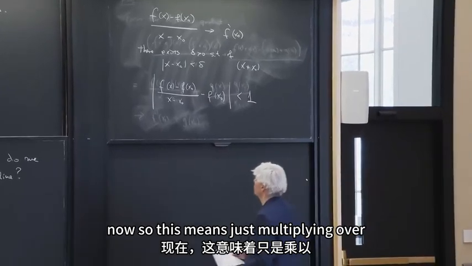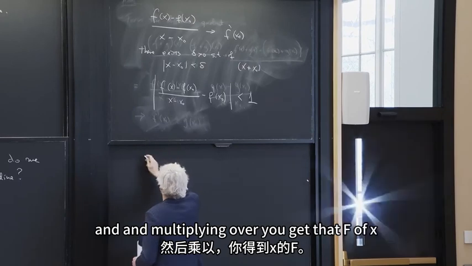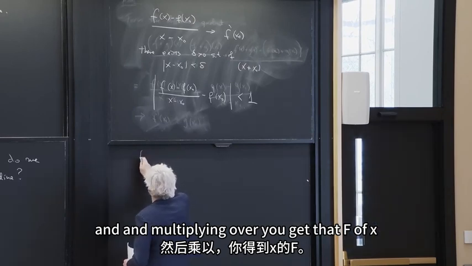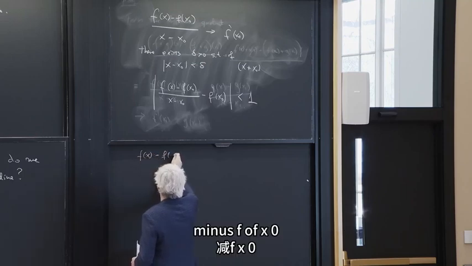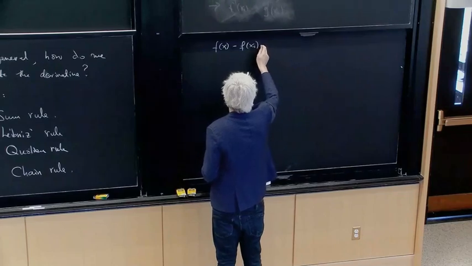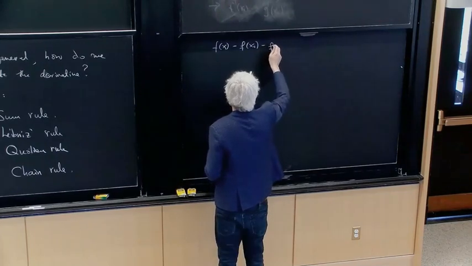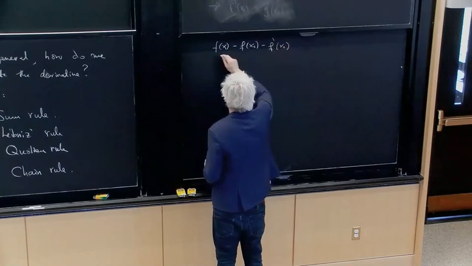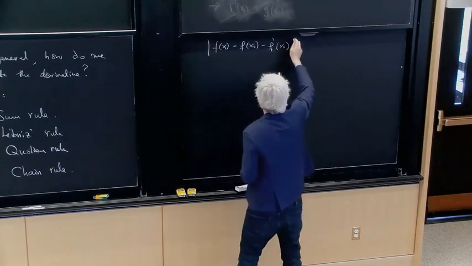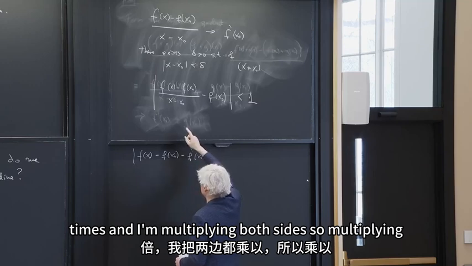Now, multiplying over, you get that f of x minus f of x0 minus f prime of x0 times x minus x0.